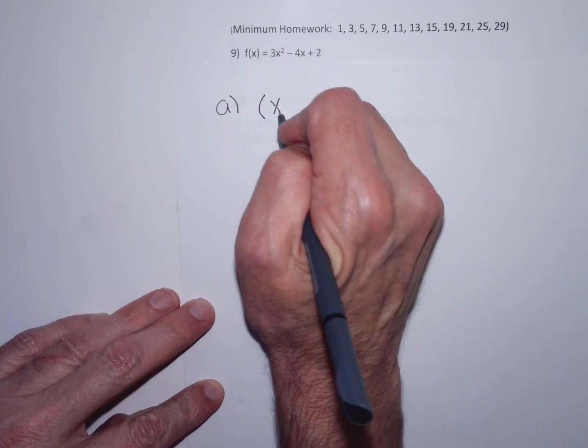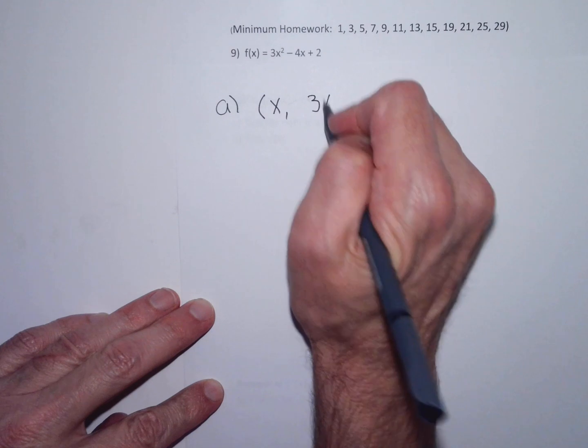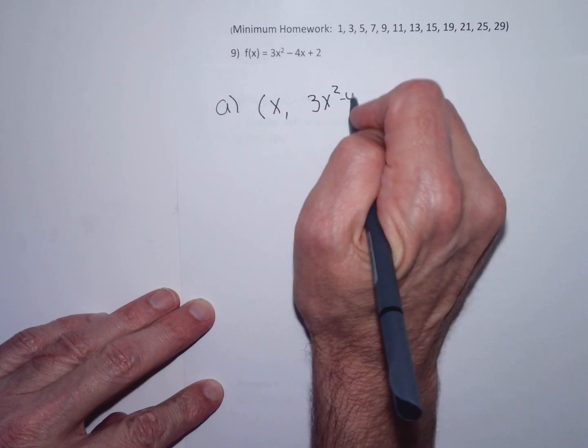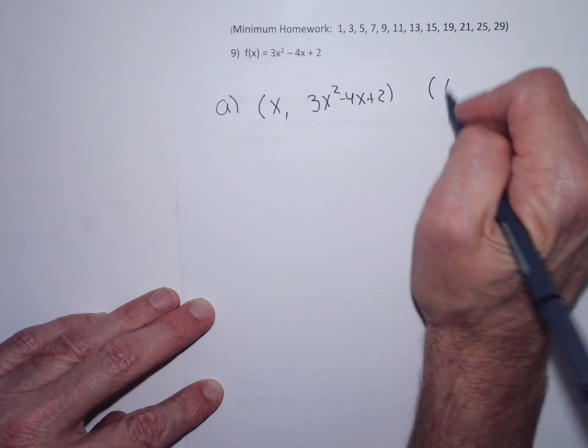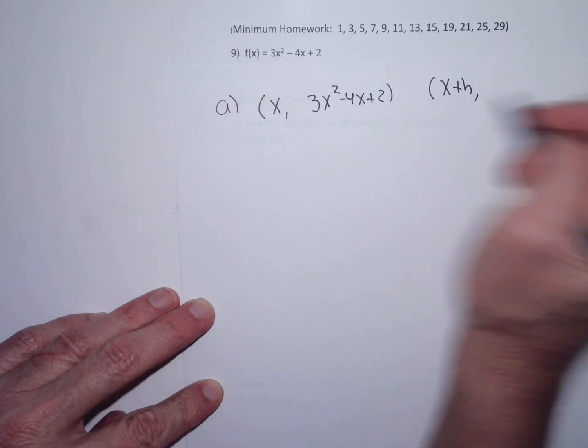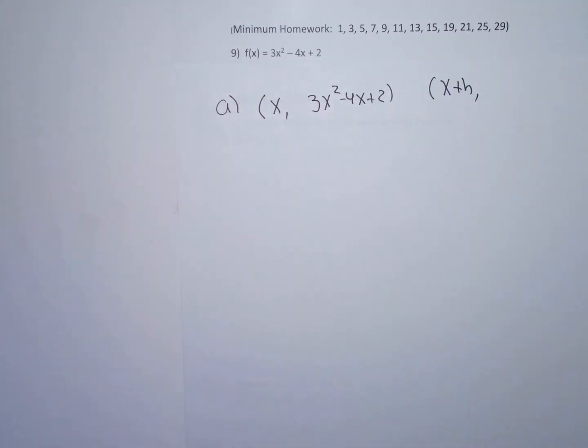My first point is going to be x, and then 3x squared minus 4x plus 2. And then x plus h, comma, and that comma is not pleasant, so let me figure out what that comma is.